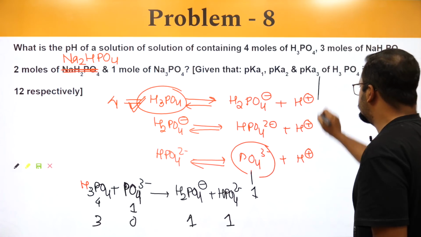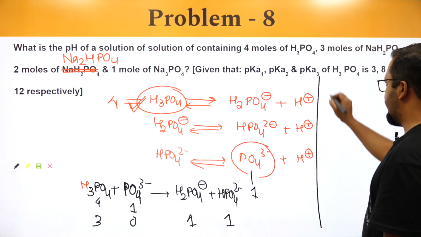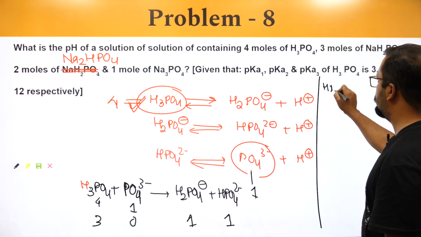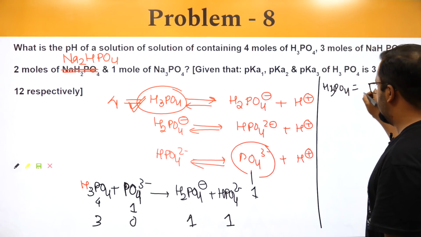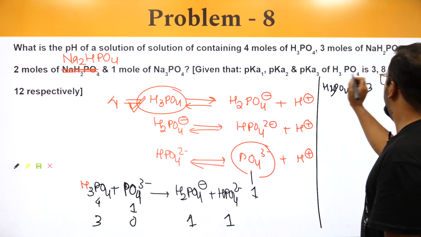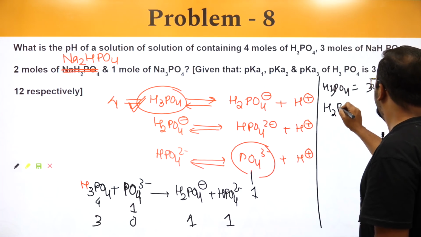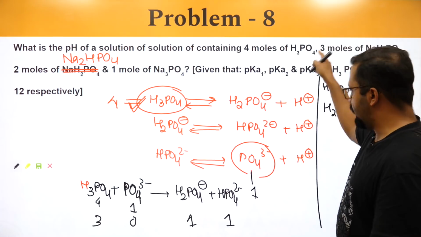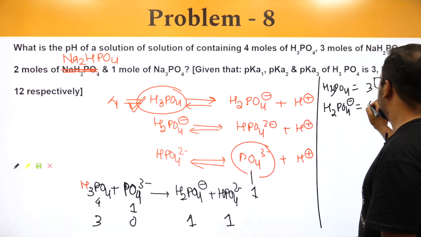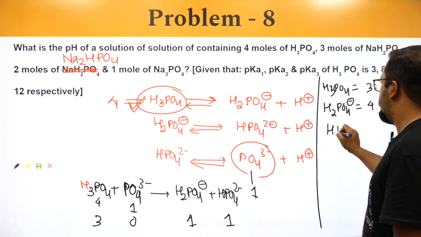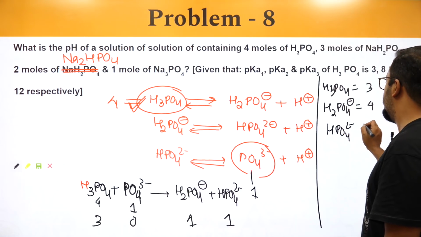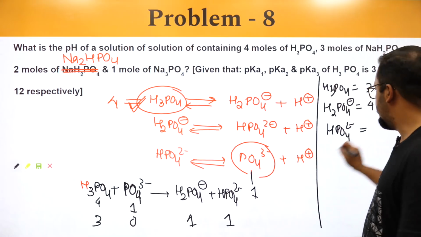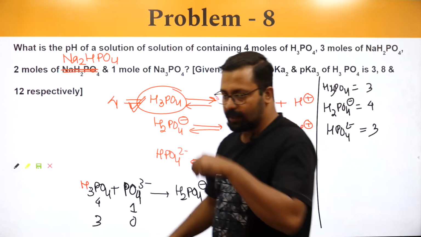Now let's calculate the total amounts at this juncture. H3PO4 is 3, H2PO4 minus is 3 plus 1 newly formed, that is 4, HPO4 2 minus is 2 plus newly formed 1, that is 3.